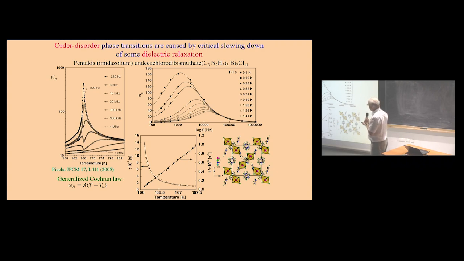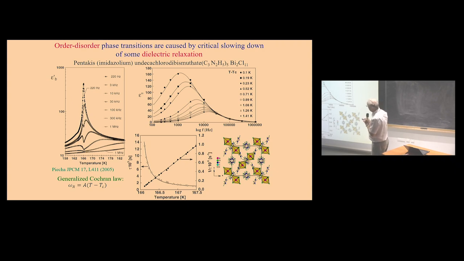So if you measure at high frequency, finally you don't see contribution of such hopping to permittivity, and therefore you see minimum at Tc. But if you measure at lower frequencies, all relaxation contributes here.